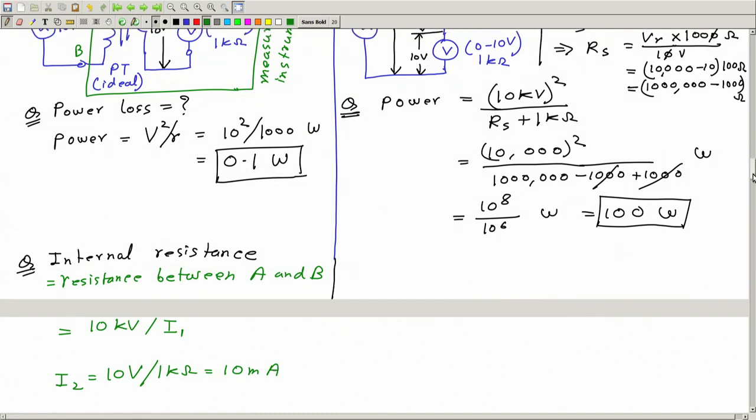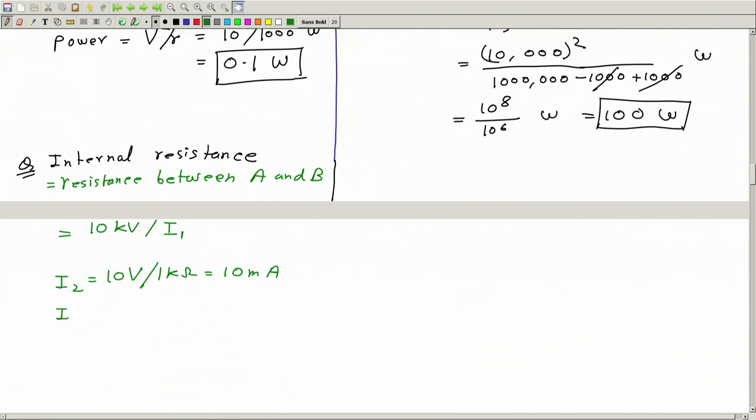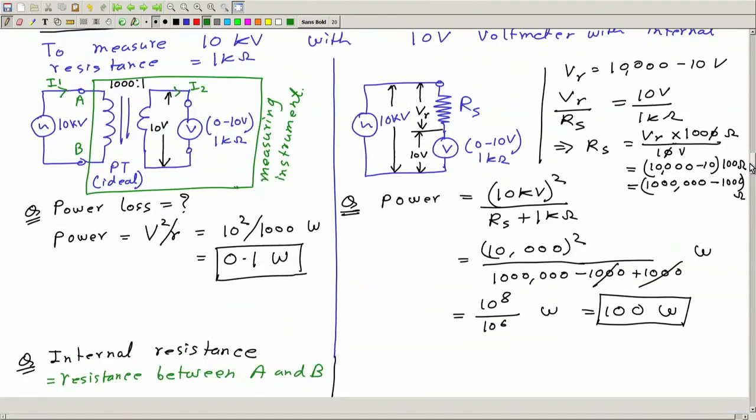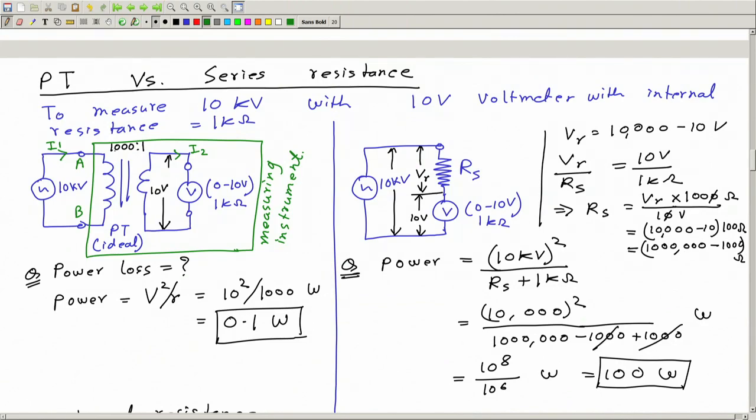And then we know I1 N1 is equal to I2 N2. From that, I1 will be I2 N2 by N1. Now I2 is 10 milliampere and N2 by N1 is 1 by 1000.